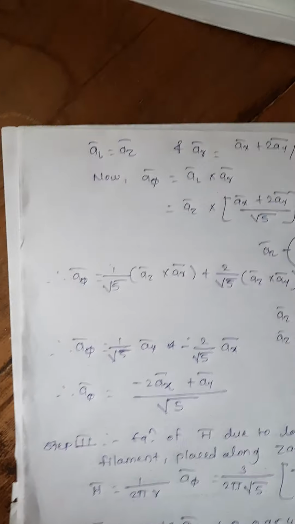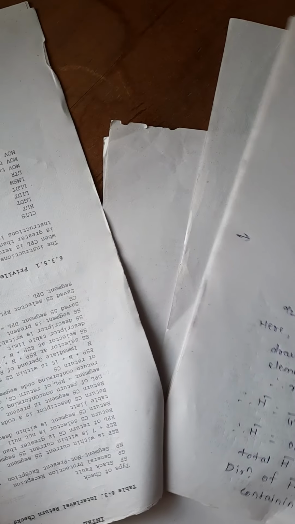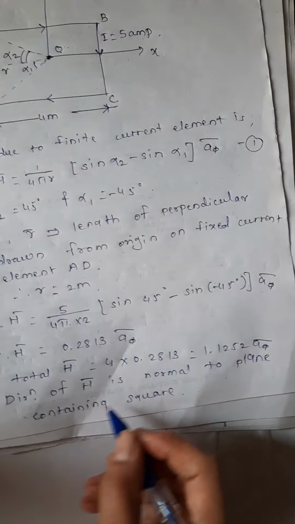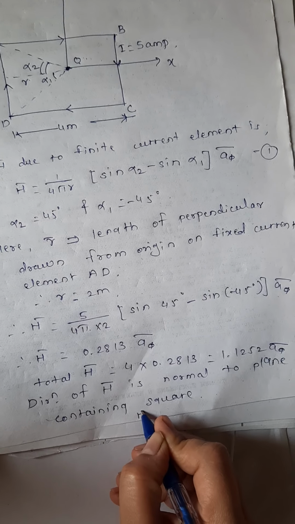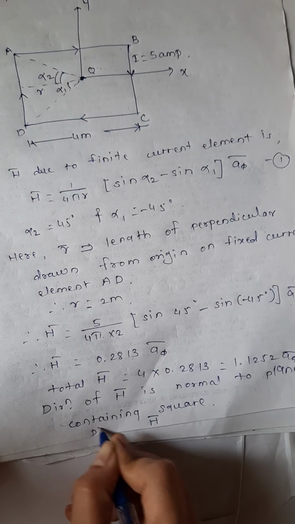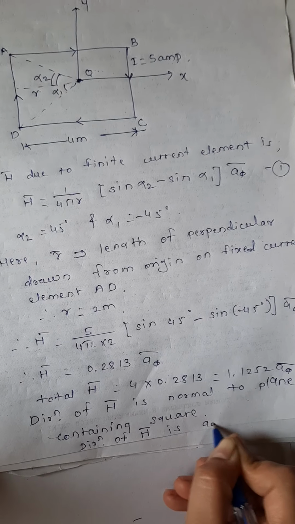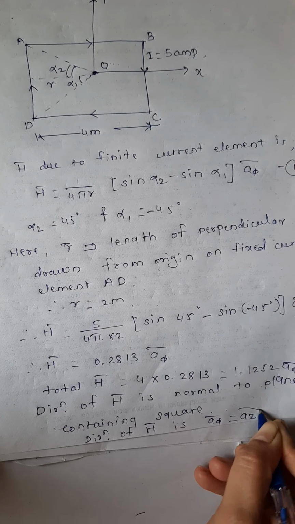According to the right hand rule, the direction of H bar is normal to the plane. The direction of H bar, a phi bar, is equal to az bar.